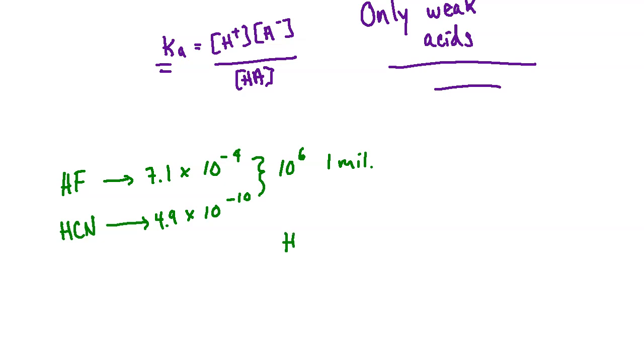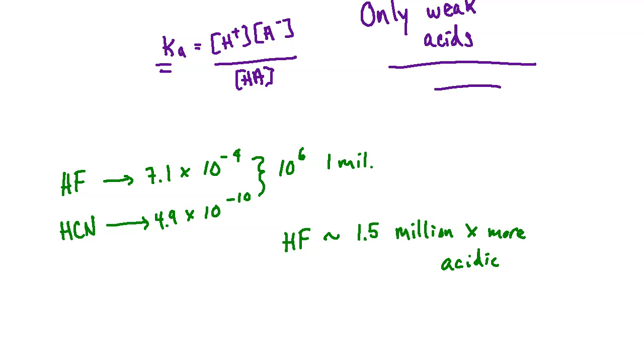It means that the hydrofluoric acid is approximately 1.5, if you look at the difference between the 7.1 and the 4.9. It's not quite that, but it's about 1.5 million times more acidic. Okay, and that's a big deal. That means that hydrofluoric acid is far more acidic than the HCN is.